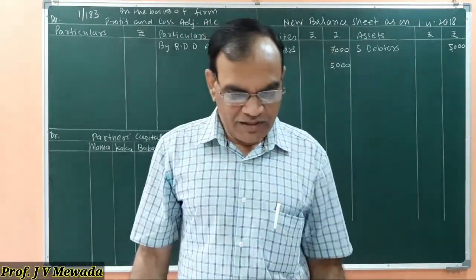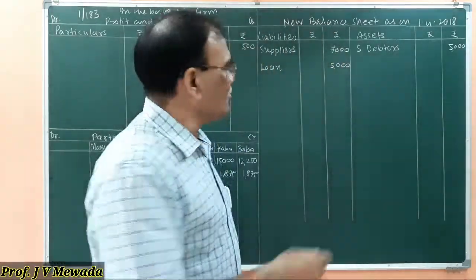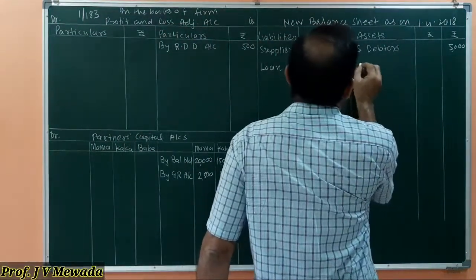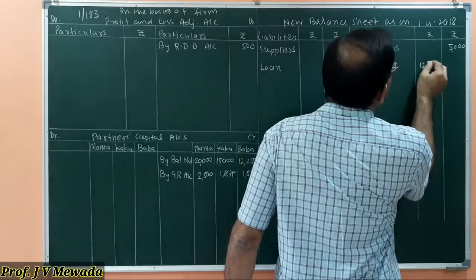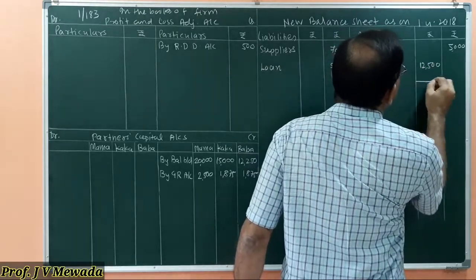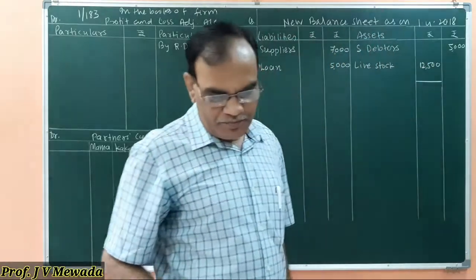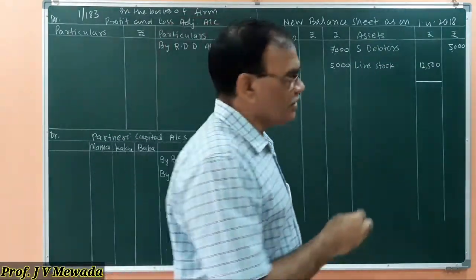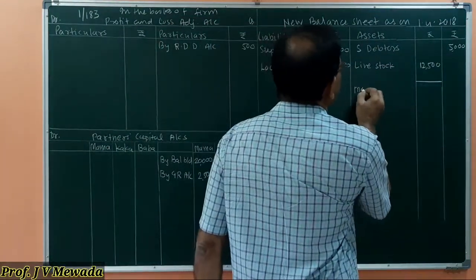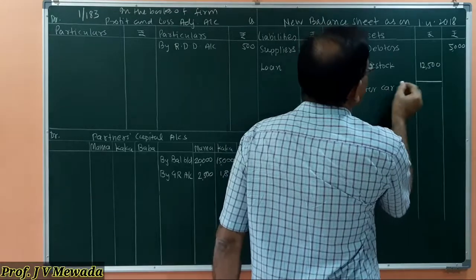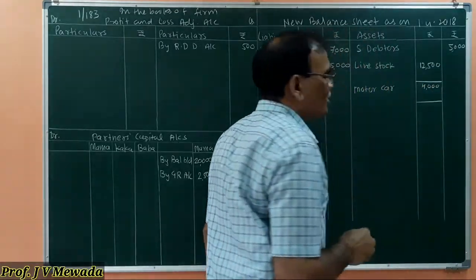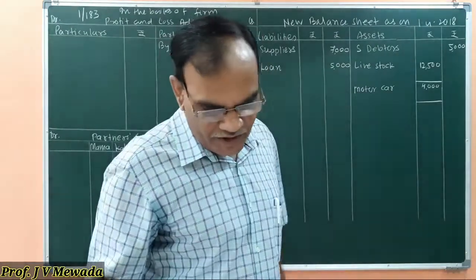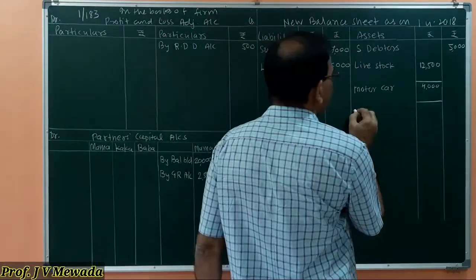Then we are having livestock 12,500. Inner column motor car 4,000. Then we are having furniture 17,500.